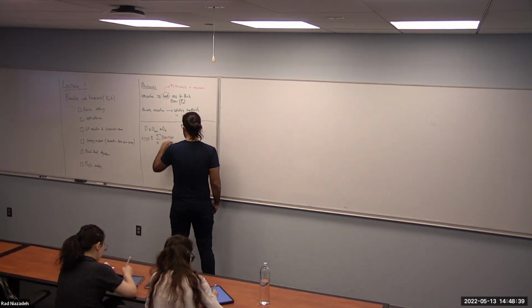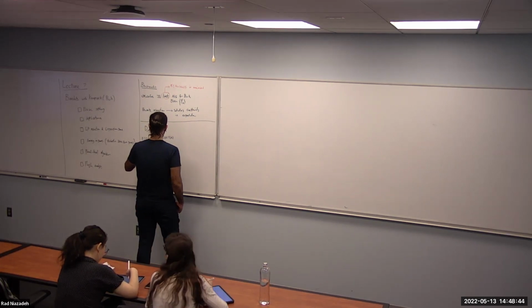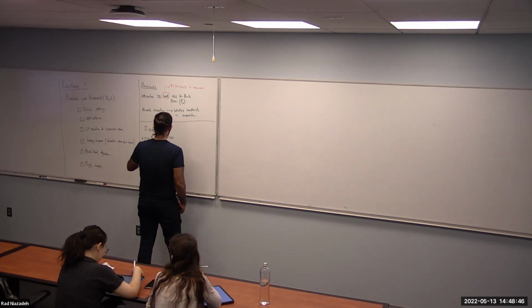R of A is defined to be the expectation of a random variable.